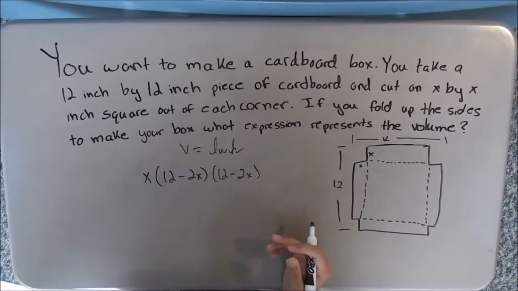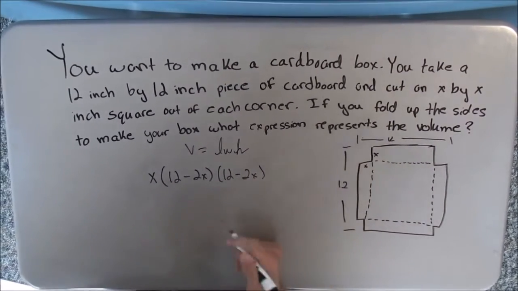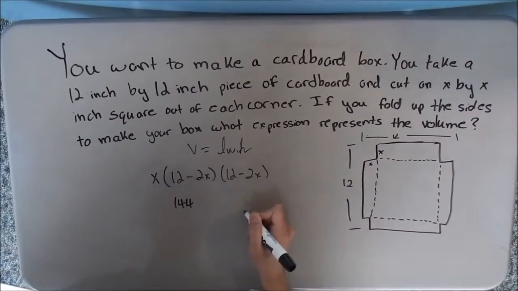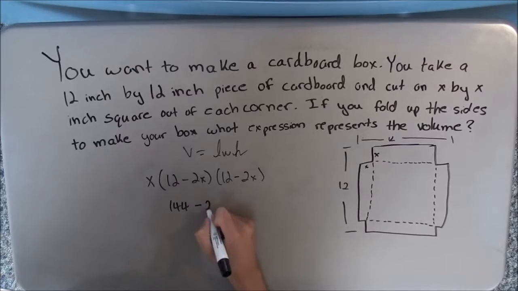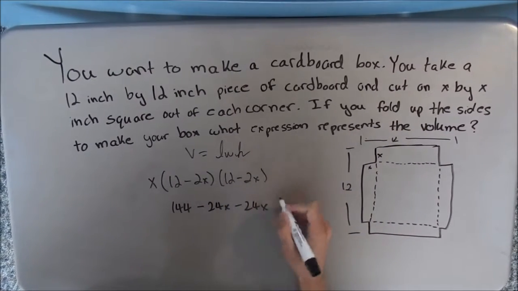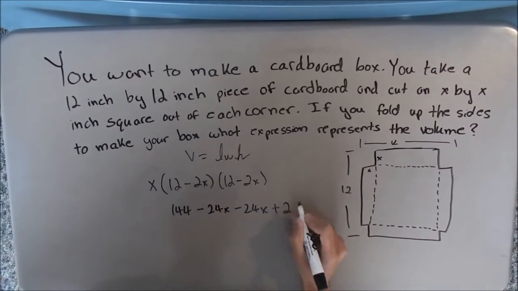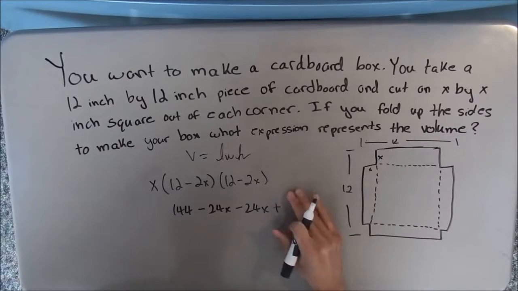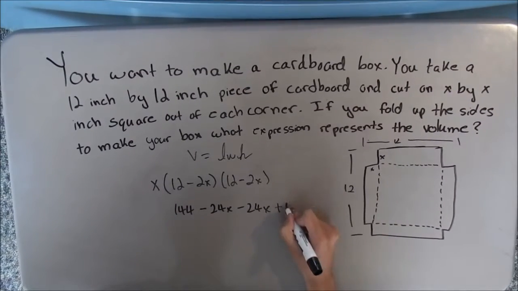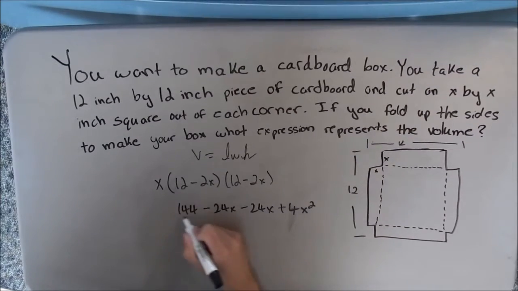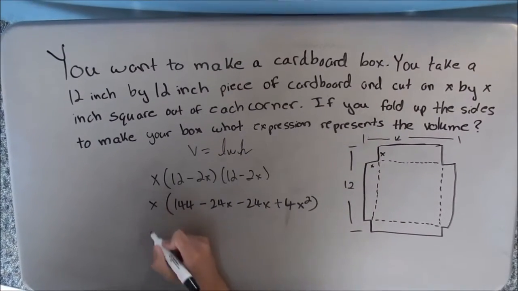And all we have to do simply now is multiply it all out. So we'll FOIL this. Not 2, it's 4. 4x squared. And multiply this by x.